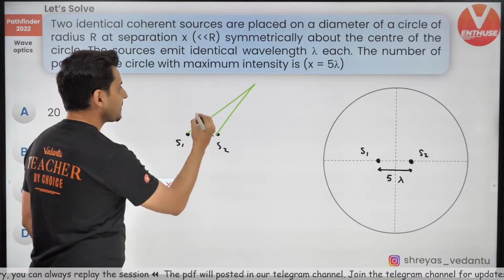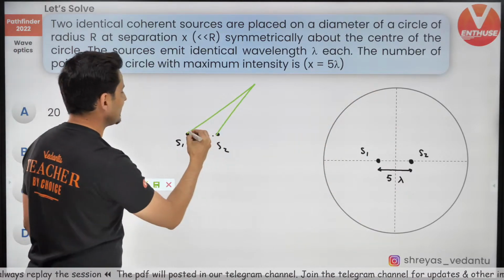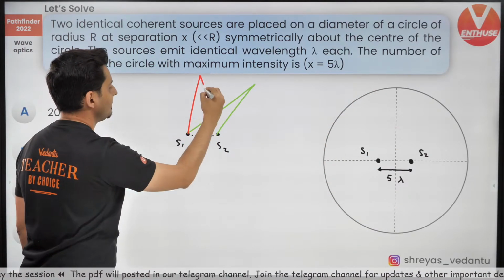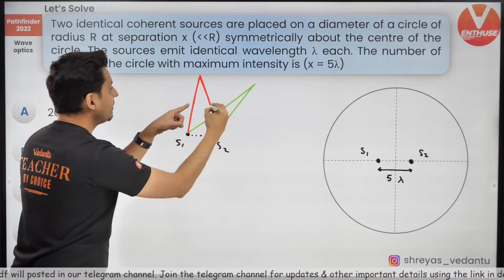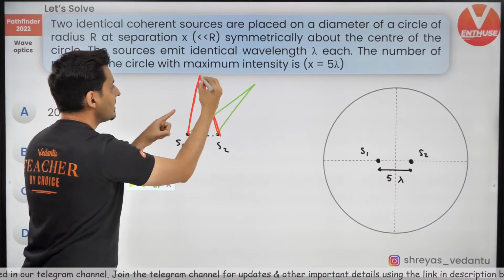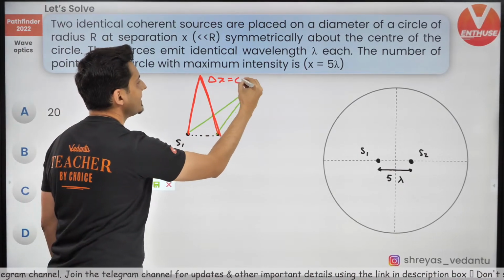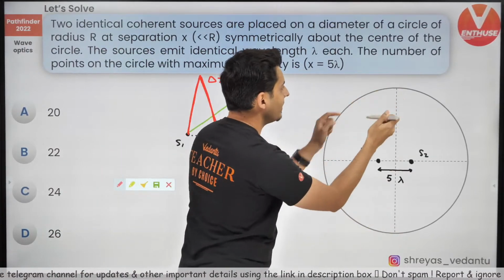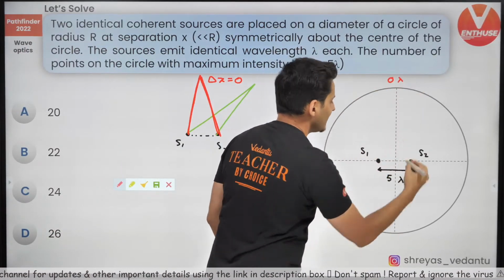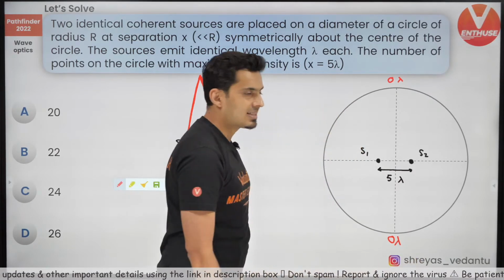Now, what I will do, just imagine if I'm on the perpendicular bisector. That means if I'm here, this wave and this wave both will reach simultaneously. So delta x will be 0, right? Understood? If I'm here or here, my path difference will be 0 lambda. Is that making sense to you?